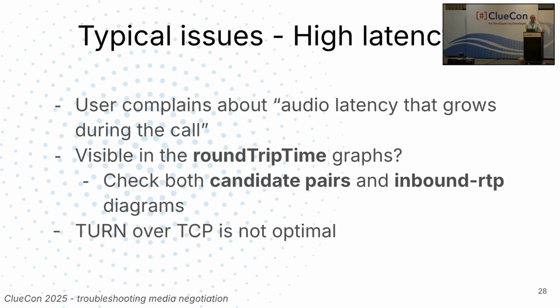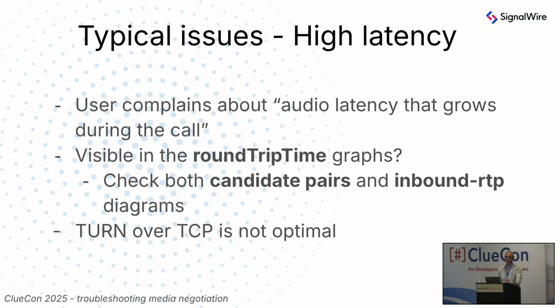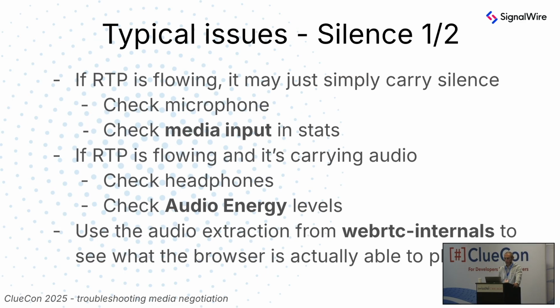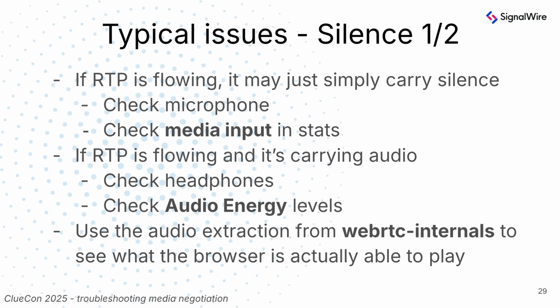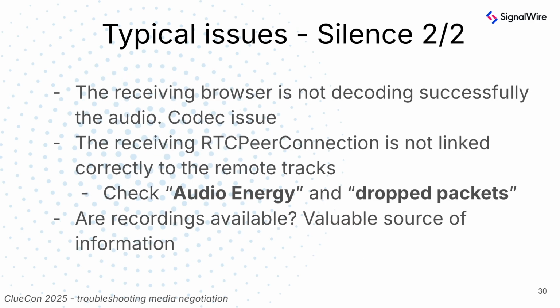High latency, I was showing it earlier. The round trip time is super useful. That's a clear indication of problems if that goes too high. And there are two types, candidate pairs and remote inbound RTP. With the RTCStats, it's also possible to see the audio energy of the incoming audio. If the audio energy is completely zero, the track may not be connected correctly, or if it's very low, what's being received may be confused for silence.